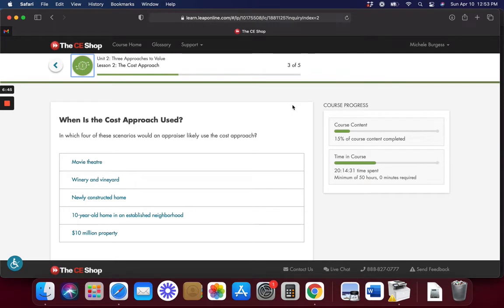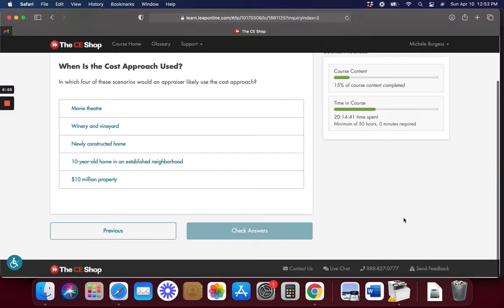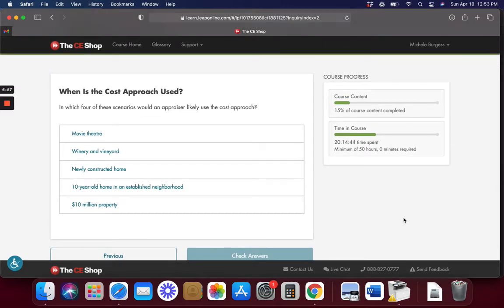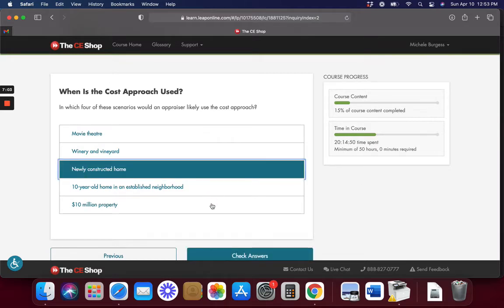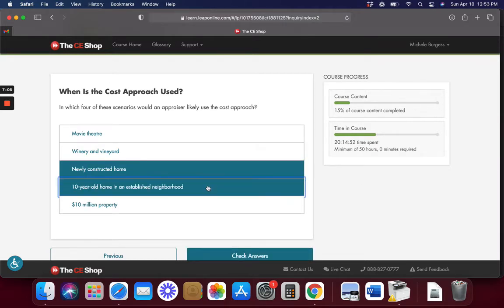All right, when is the cost approach used? Which of these 4 scenarios would an appraiser use the cost approach? And they took my little resource off of here, so I have no idea. Let's see. Newly constructed, 10 years. It says 4 scenarios, and there's actually 5.